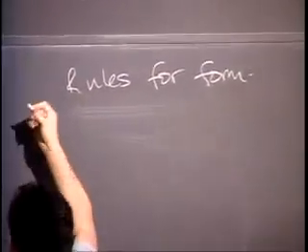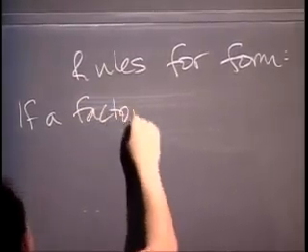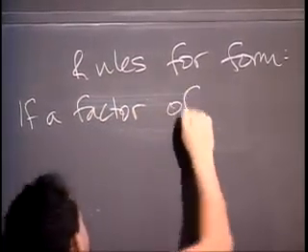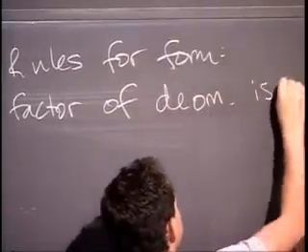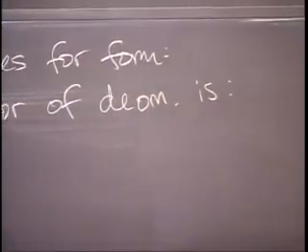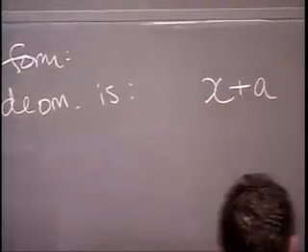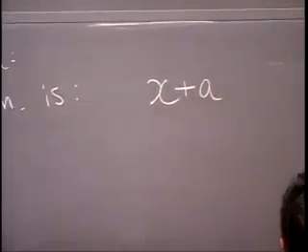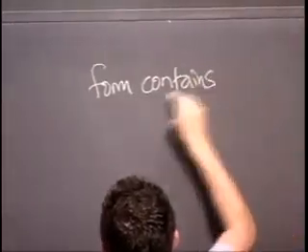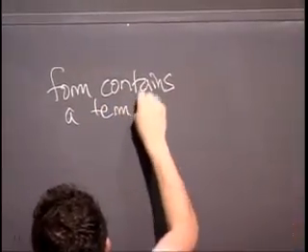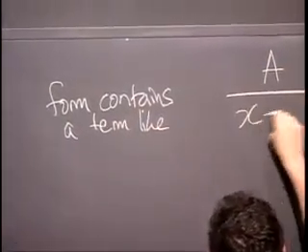So it depends on what the factors of the denominator are. So if a factor of the denominator is a linear function like x plus a, then the form contains a term like A over x plus a.